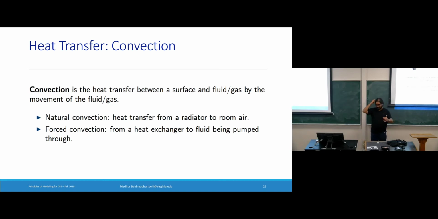So fluids are not just limited to liquids, and usually the surface could also be another fluid or another solid as well. So I'll give you an example of a convection where the surface is a fluid rather than a solid. Let's assume the convection on the surface of the ocean.